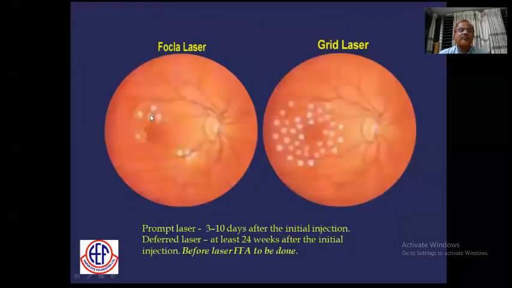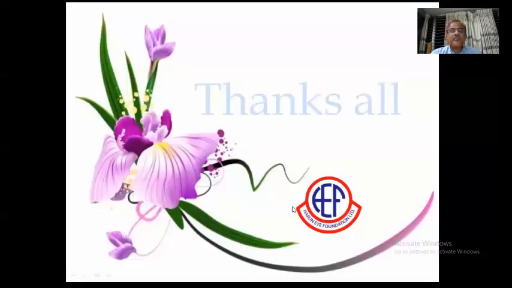Here there is a leaking point and also a grid around, and we discuss a lot. It is a continuous process in DME management, and in future newer protocols will come to the front. I studied the different protocols, and then I prepared the T protocol.